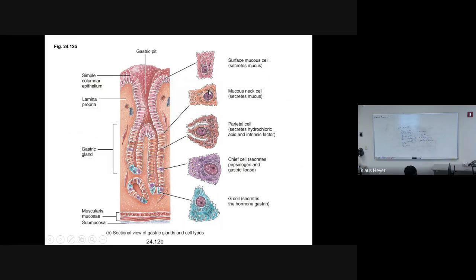One type of cell is a mucus cell, and it makes mucus. Done. Mucus cell secretes mucus. Finished. Then you have parietal cells. So you see 2 things here. Hydrochloric acid. So the parietal cells secrete acid. And then they're secreting something called intrinsic factor. Intrinsic factor is something that attaches to vitamin B12, and without that happening, you cannot absorb B12.